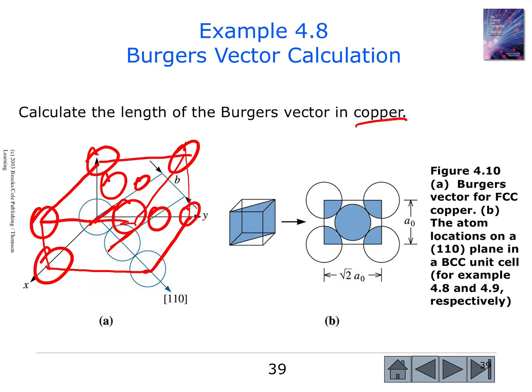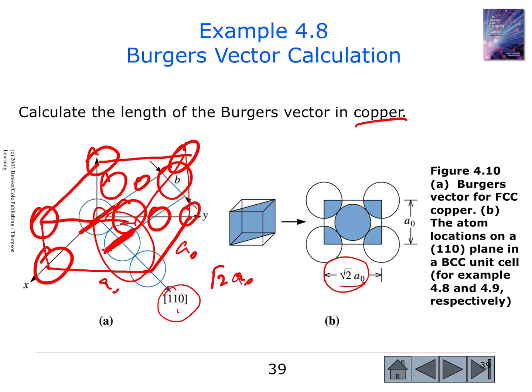So in this direction, 110 direction, we are going to have an atom in the middle as well, right? So the Burgers vector is going to be equal to half of square root 2 a. Why? Because this is a and this is a, so this diagonal must be square root 2 a, because these are the lattice parameters.